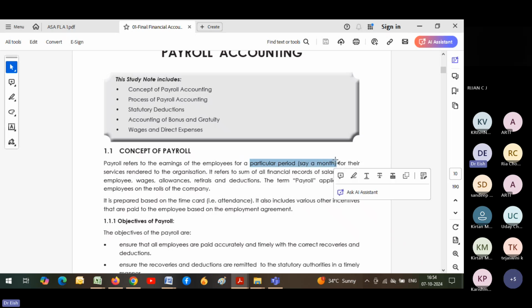For example, when I was in US, I was getting the salary bi-monthly. So the salary was credited to my account every 15 days. And there were some people who were getting the salary on a weekly basis.